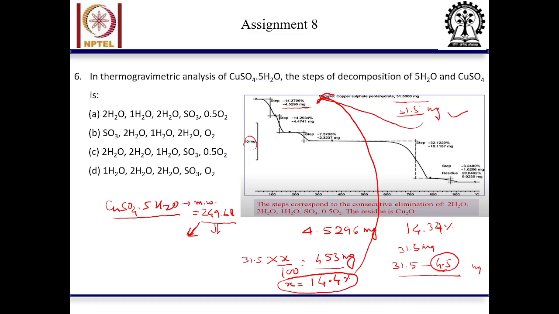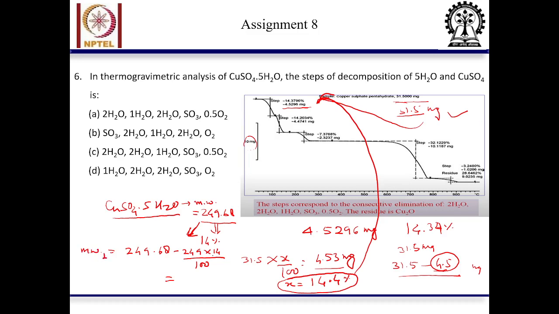Now because it's a mole, it will reflect in the molecular weight also. Now if we decrease this 14%, 14% of 249.68, so 249.68 minus 14%. So what will it be? This is the molecular weight of the unknown species in step 1.